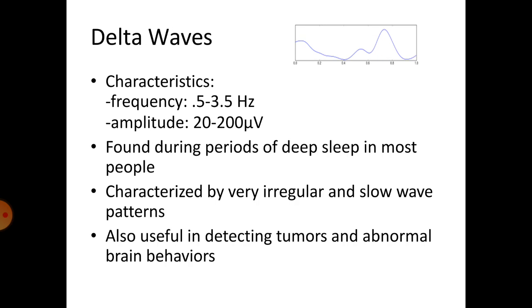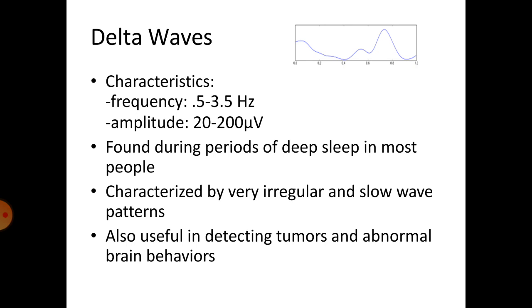This slide shows the delta waves. The characteristics are frequency 0.5 to 3.5 Hz and amplitude 20 to 200 microvolts. Found during periods of deep sleep in most people, characterized by very irregular and slow wave patterns.